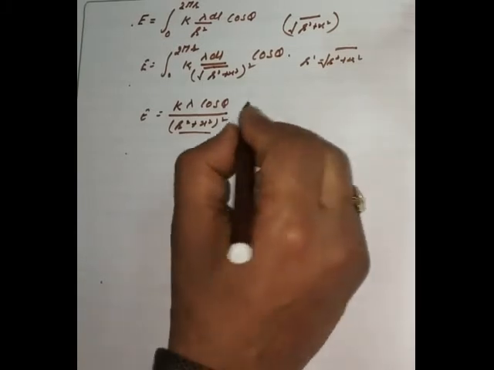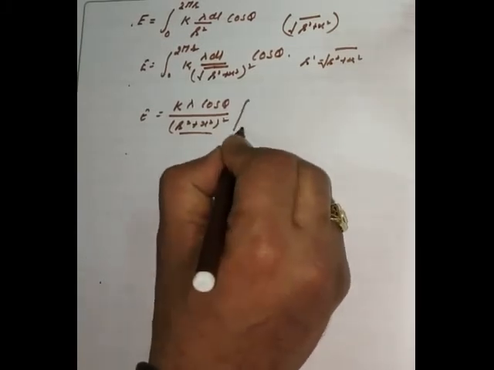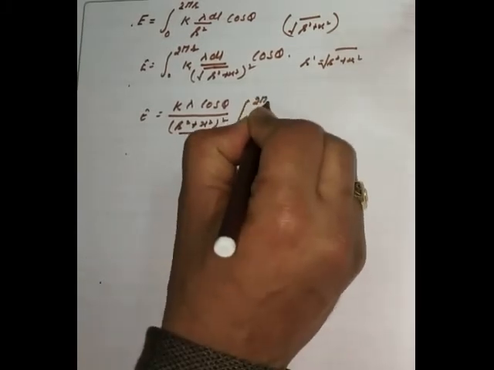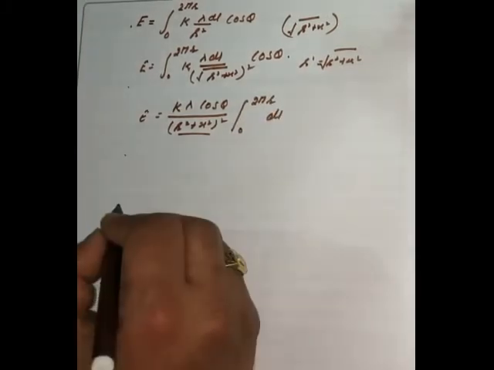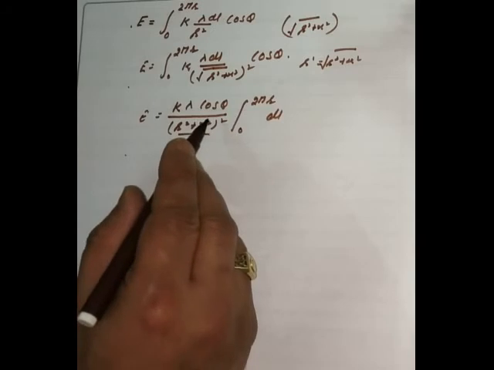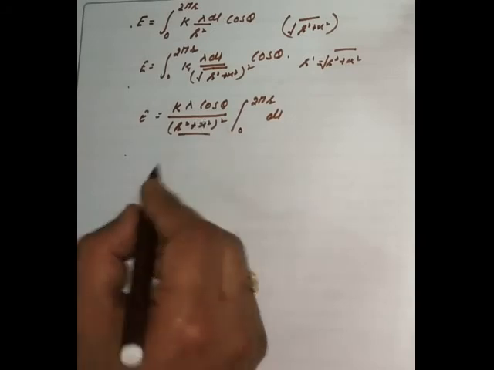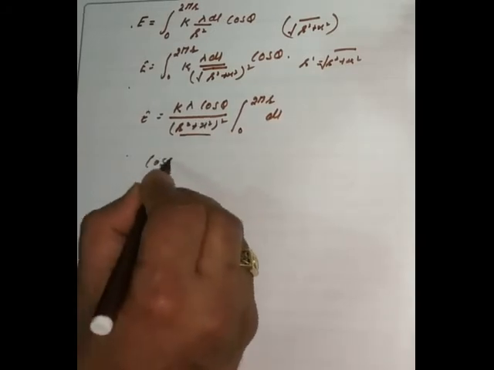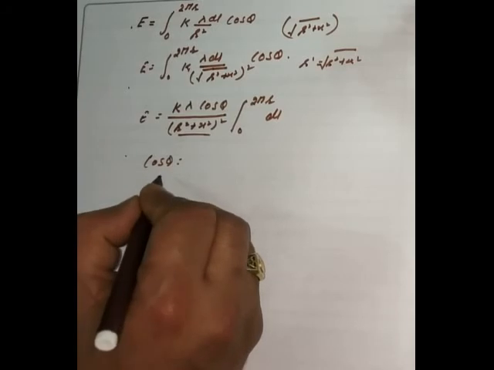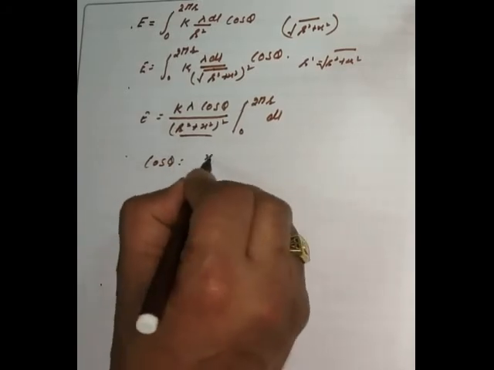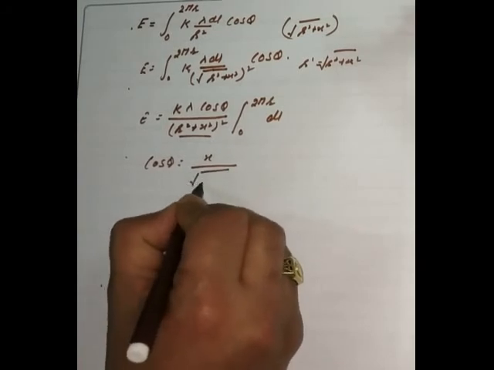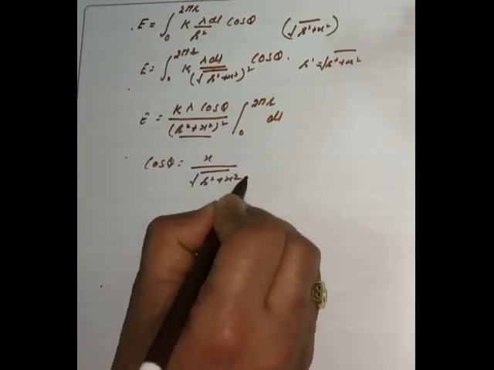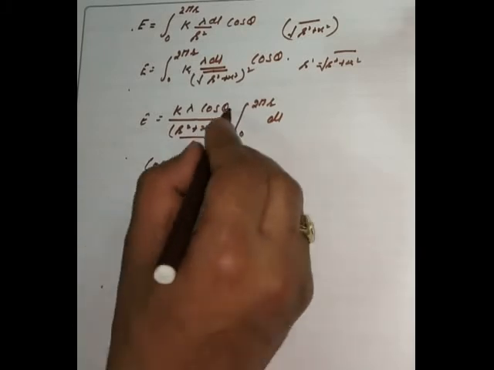So here 0 to 2 pi r dl. Then the value of cos theta equals base upon hypotenuse. Base will be x, hypotenuse will be under root r square plus x square. So here you can write this value.